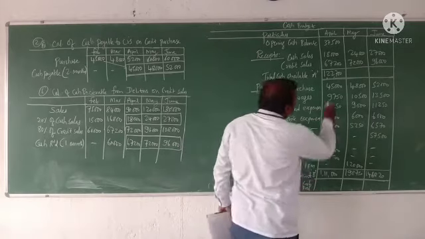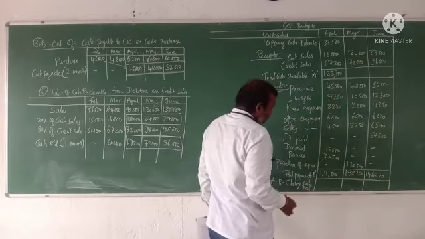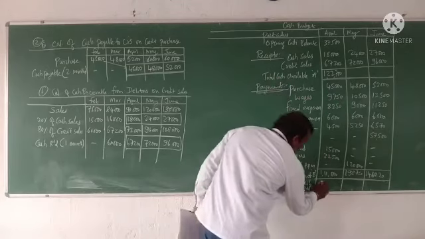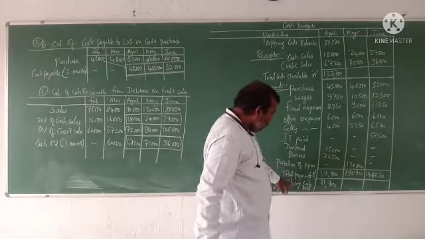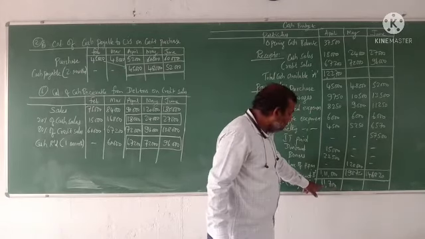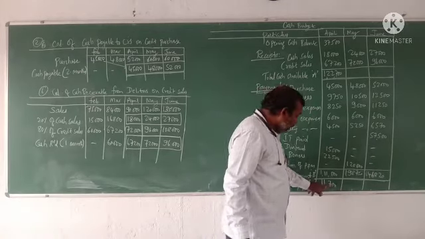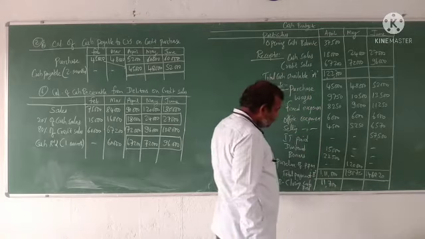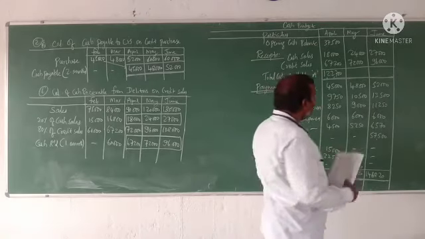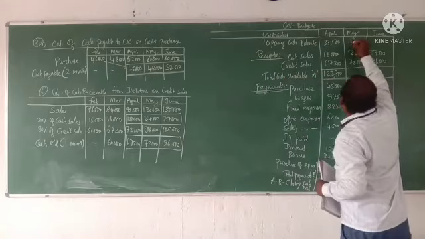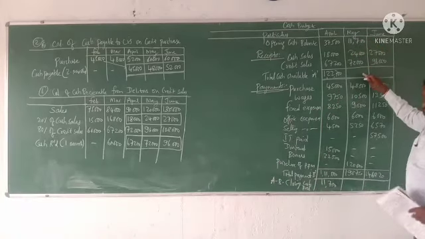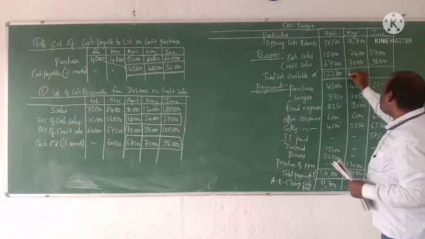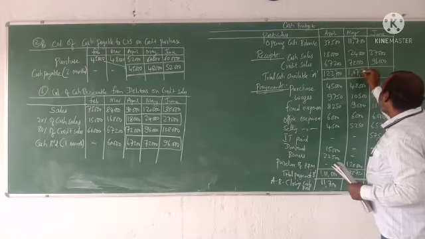Closing cash balance. So 1,22,700 minus 1,11,000, you get 11,700. So April month closing balance is 11,700. That closing balance of the previous month will be the opening balance of the next month. So 11,700. Now we can close the May month receipt column: 1,07,700.